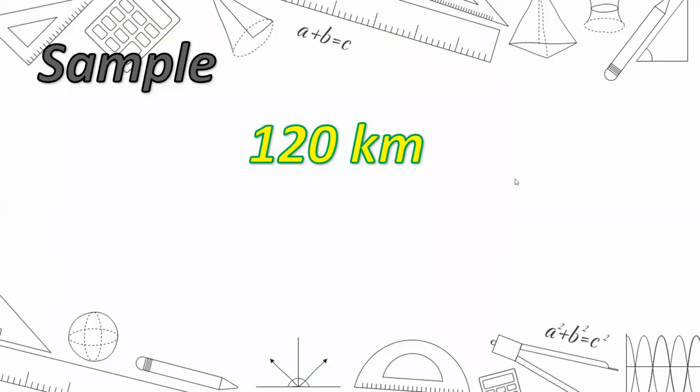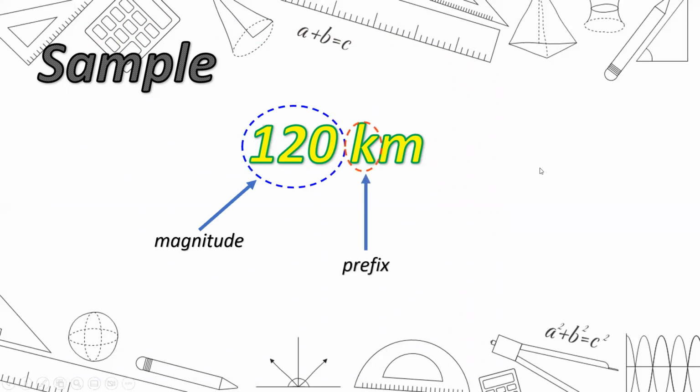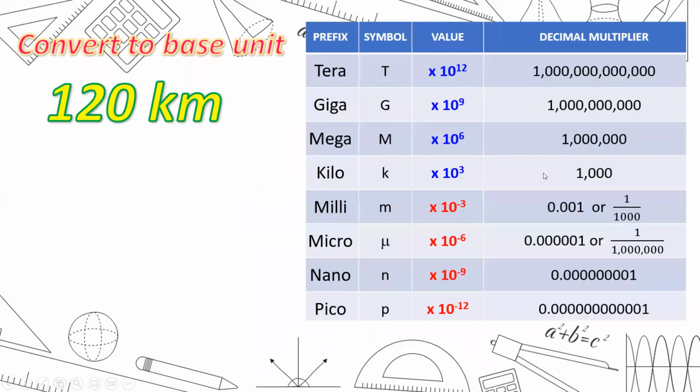Say, for example, we have 120 kilometers. 120 is our magnitude, K is our prefix, or the metric prefix, and M is the unit, the natural unit. So let's convert this 120 kilometers to the base unit.